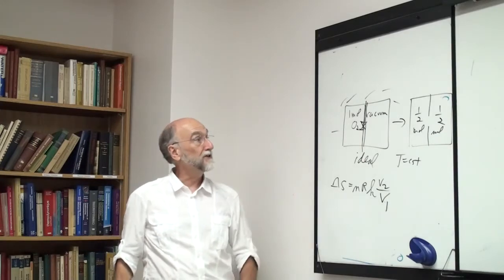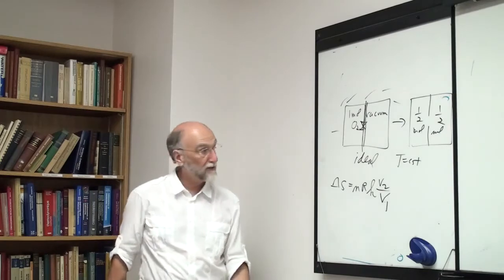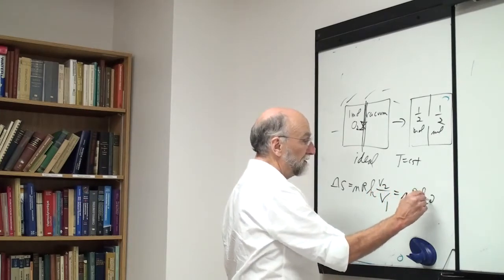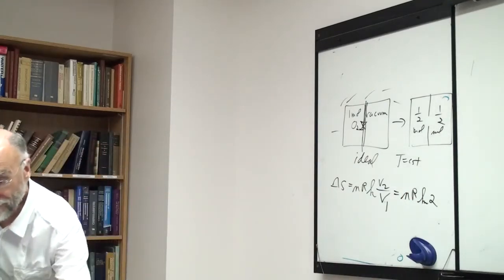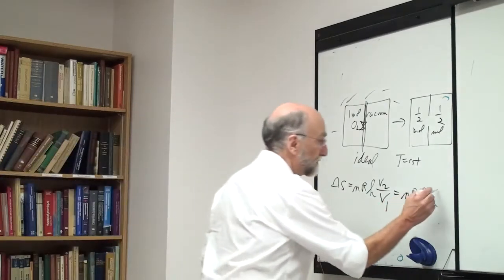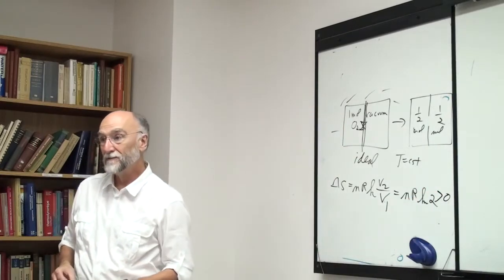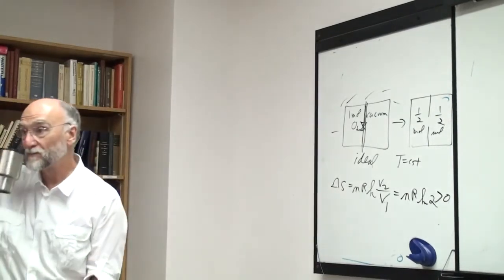The actual process is not reversible, but you calculate entropy for a hypothetical reversible path. And so this is nR log 2. And it's positive. And in this case, the entropy change of the surroundings is 0. Everything's occurring in the system.